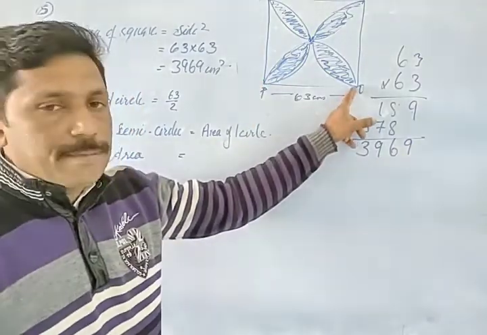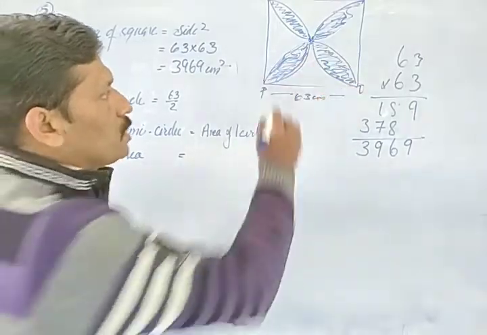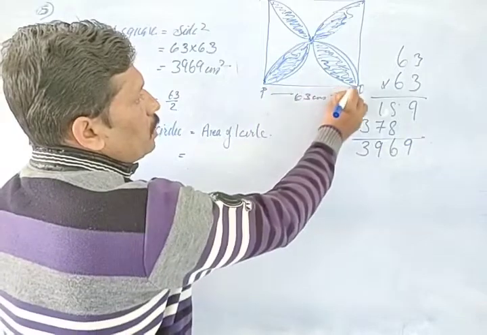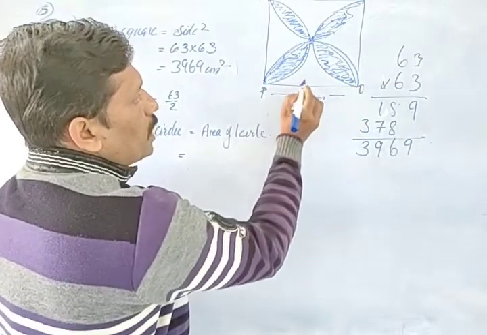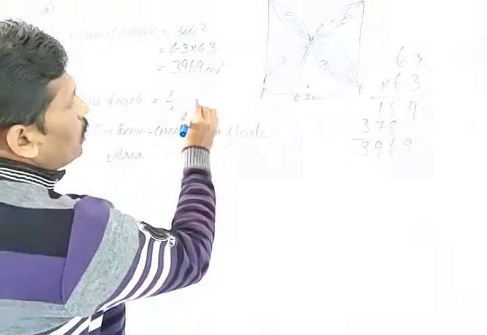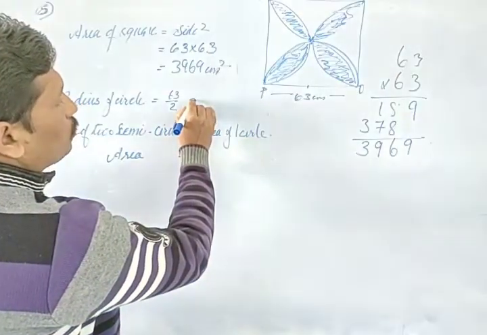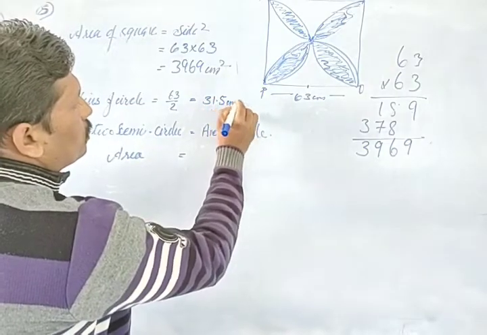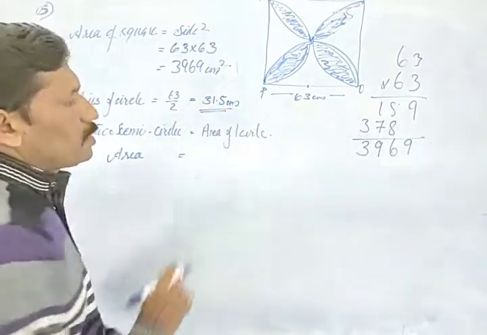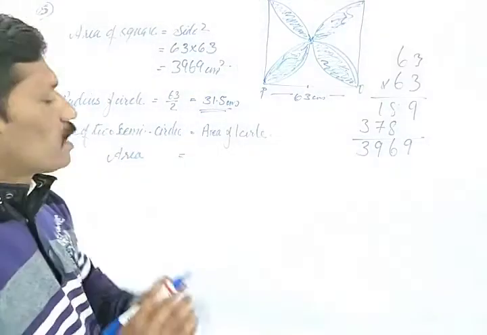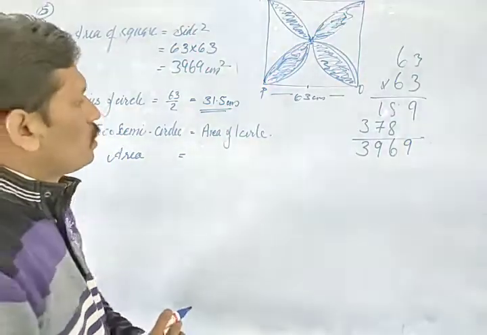Total diameter is 63, and half of which we have to find out, then we get the radius. So here 63 divided by 2 is equal to 31.5 centimeter. That is the radius of that semicircle.